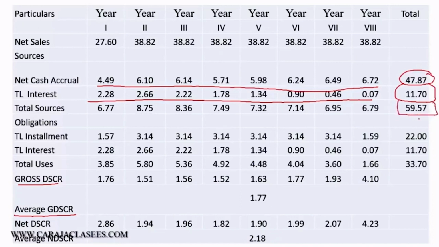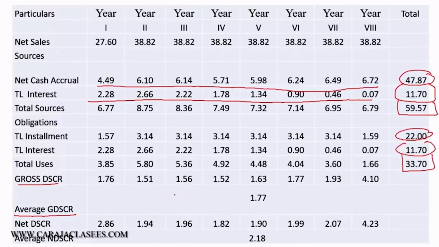This is total source. Similarly, total installments are here, total interest is here. If you add these two, you get 33.7. So 59.57 is the total source for this project period, and 33.7 is the total use.